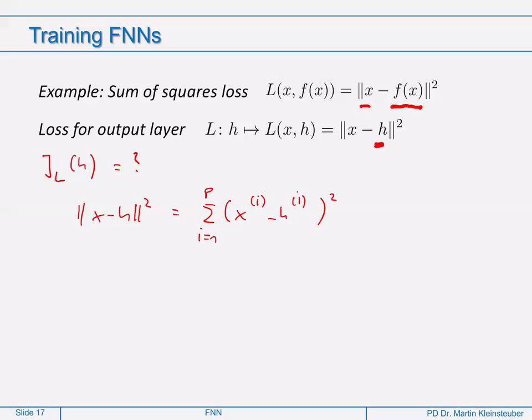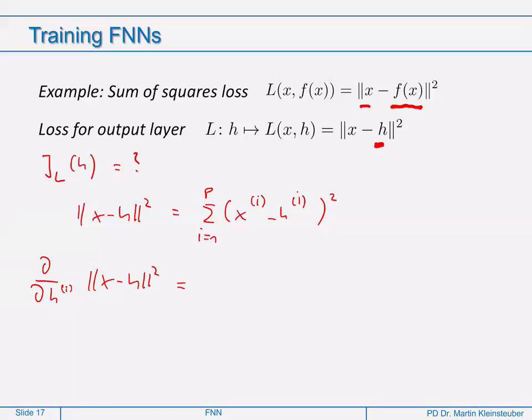So we have the derivative d to d hi of this norm x minus h squared. So what is it?